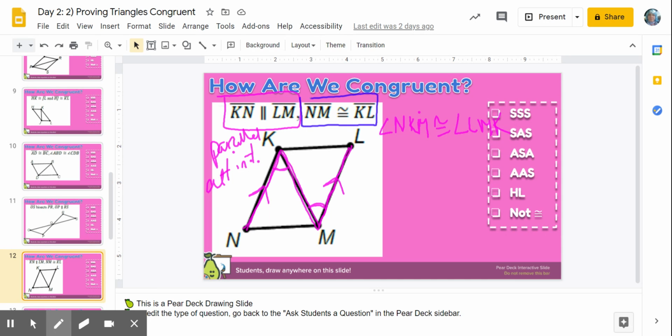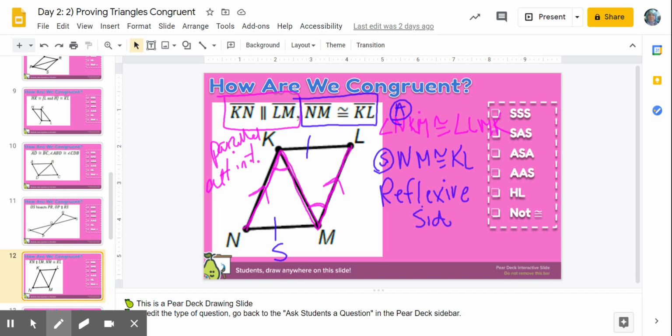Then we've got this one over here. NM is congruent to KL, so that's a side. So I've got an angle up here, and then I've got a side here. What else can I mark? Because I can always mark it. Starts with an R. Reflexive side. What is the reflexive side? What side occupies the same space in the N triangle as the L triangle?